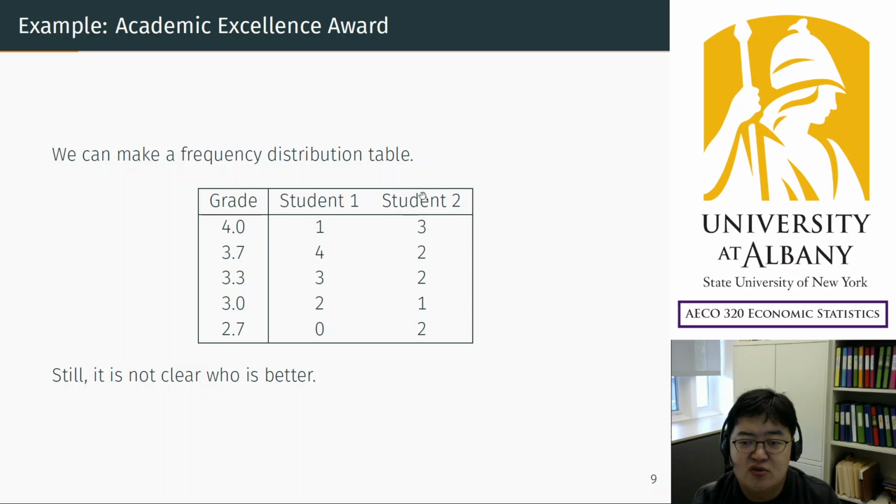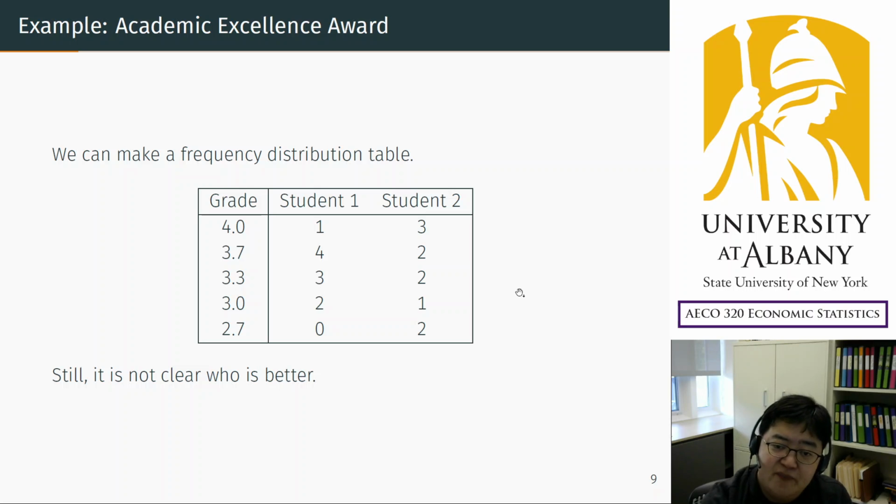And student 2 got this record. It shows how many classes a student got a certain grade. It's a nice summary, but hard to see who is better. Now we have to compare and decide whose grade is better.